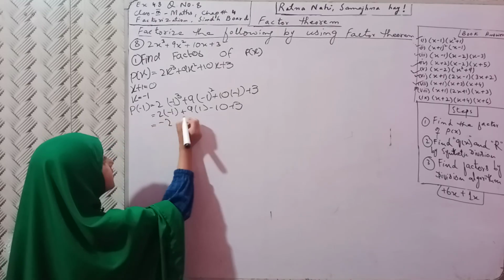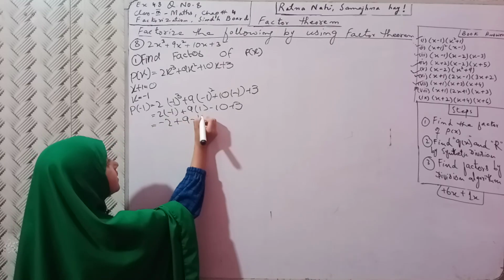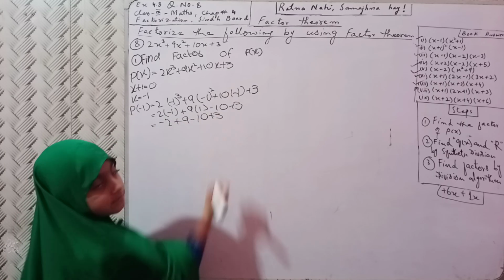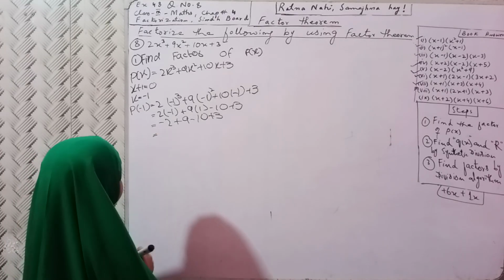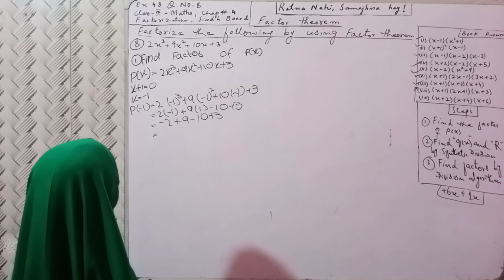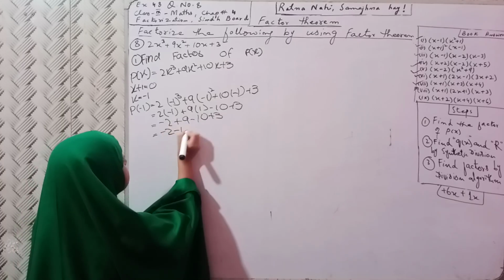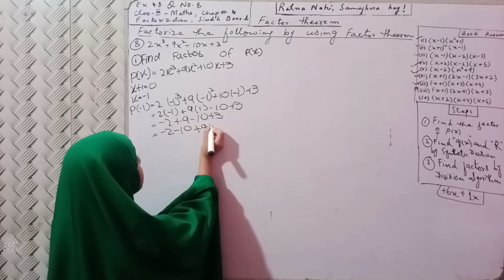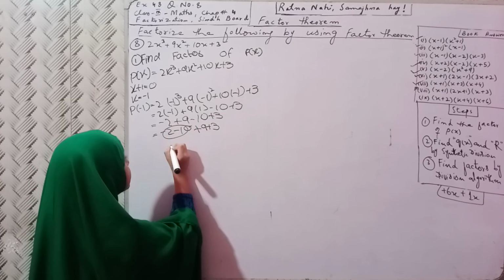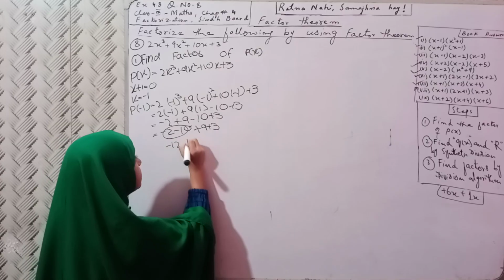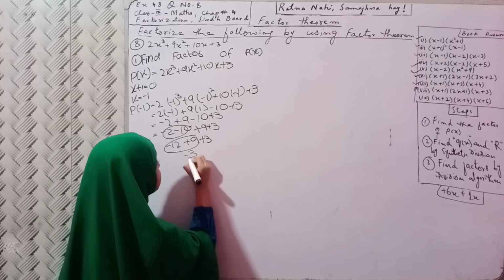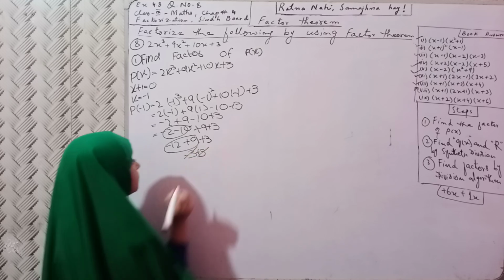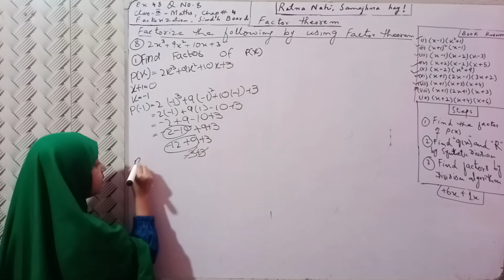Then it will be minus 2 plus 9 minus 10 plus 3. We will rearrange: minus 2 minus 10 plus 9 plus 3. This will be minus 12 plus 9 plus 3. Then minus 3 plus 3 will remain. This will cancel and the answer will become 0.